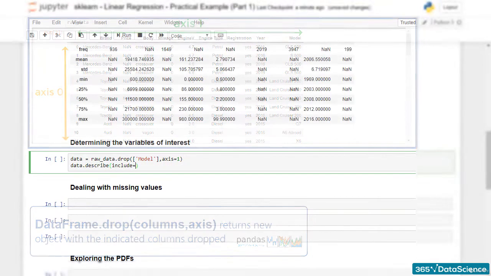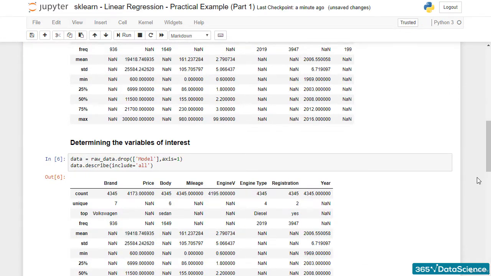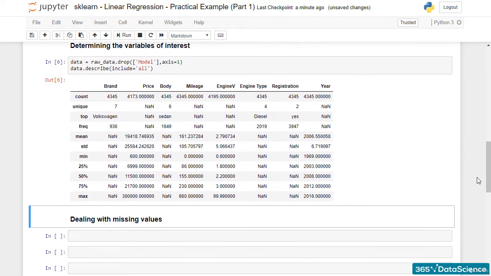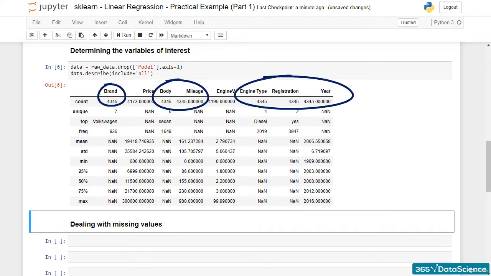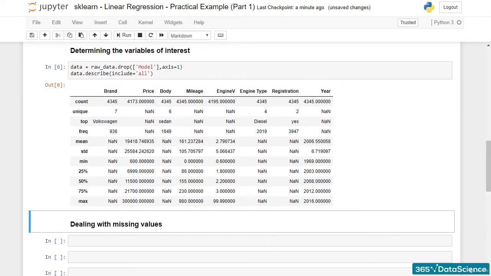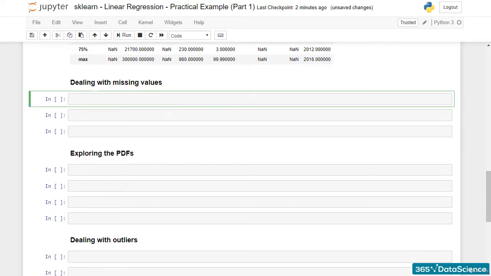Good. Let's examine what's left in terms of variables. Now, we still haven't addressed the missing values problem. Brand, body, mileage, registration, and year seem to have no missing values given that the total number of observations is 4,345. We can't say the same thing about price and engine volume, though. An easy way to check for missing values is to write data.isNull.